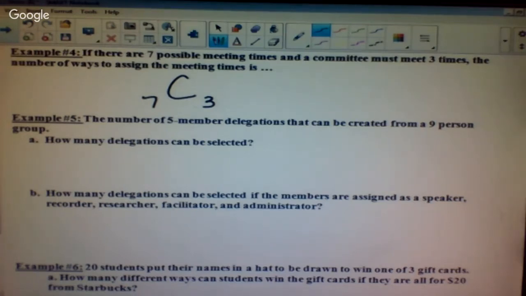Example 5. A number of 5-member delegations that can be created from a 9-person group. How many delegations can be selected? First question you should ask, can it be repeated?